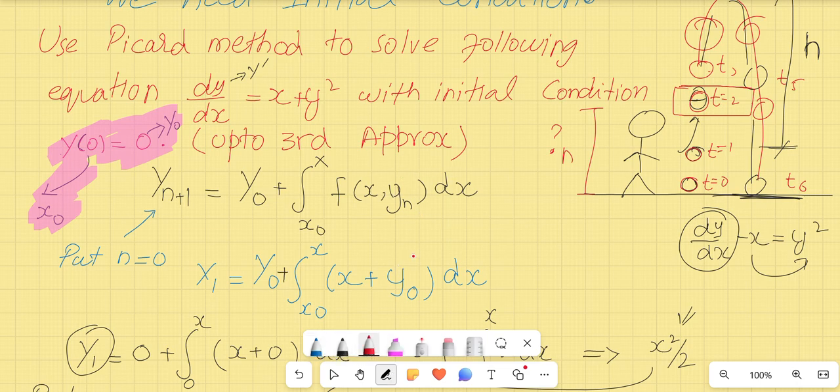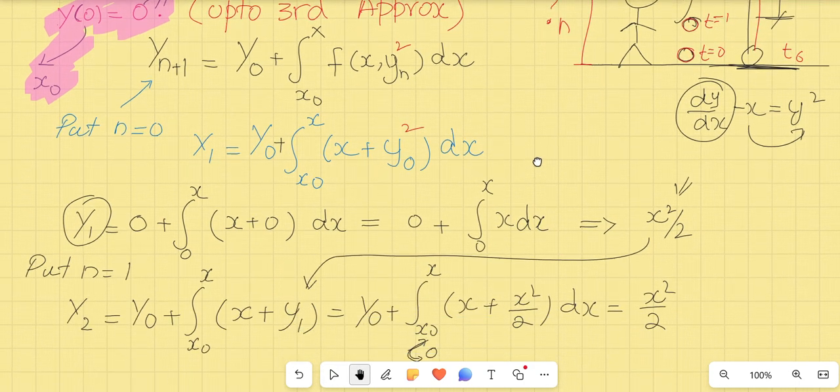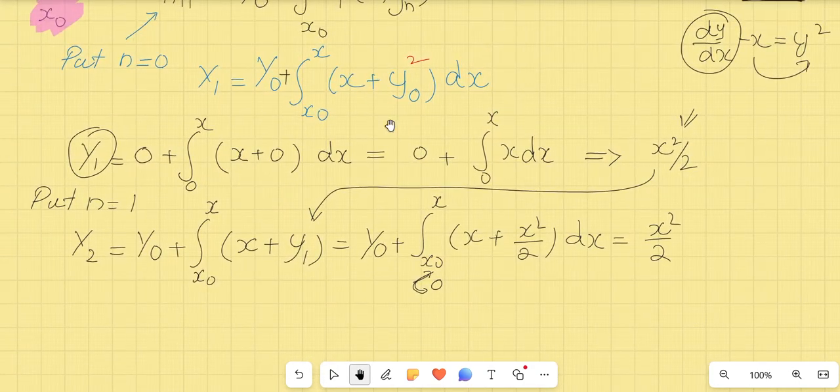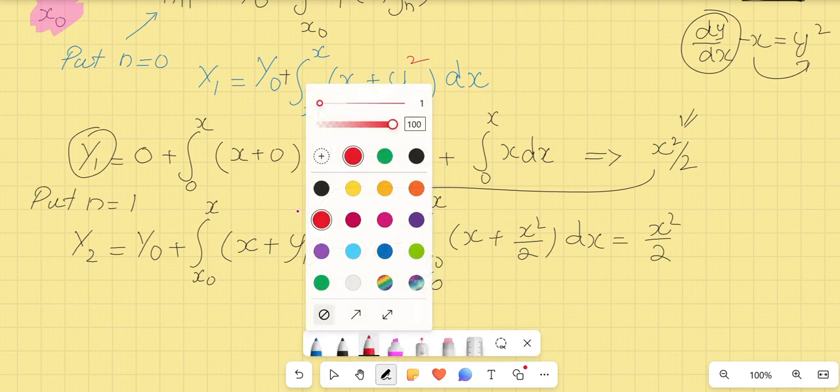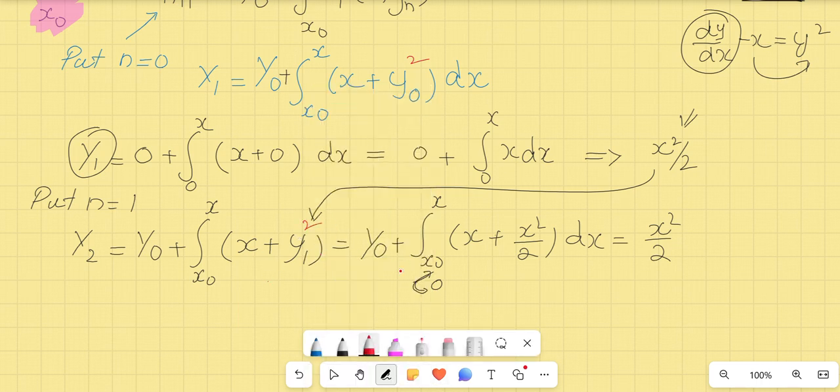In the first case, it was 0, so we did not get any error, but in here it must be squared. So once it's squared, it should be squared as well. So it will be like x to the 5 over 5 if you take the derivative, because it will become 4 x to the 4 over 4.